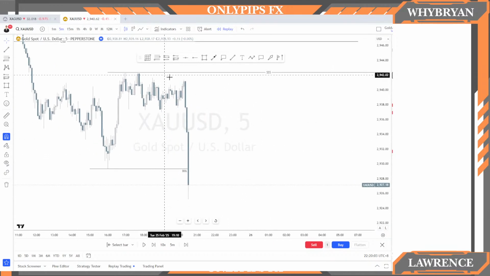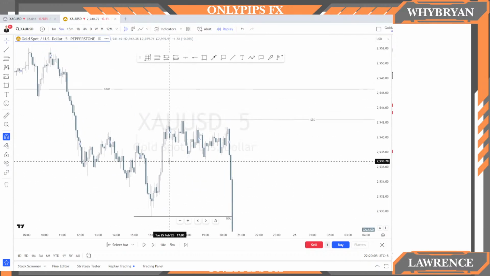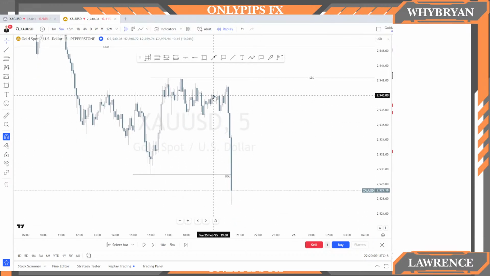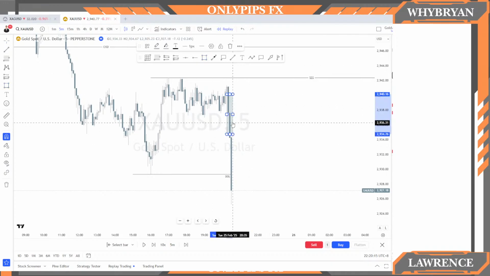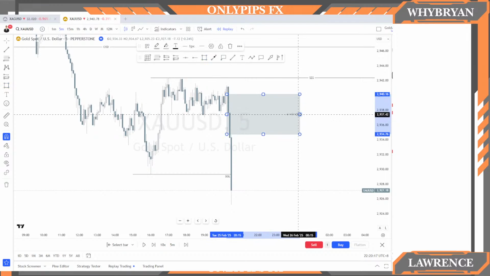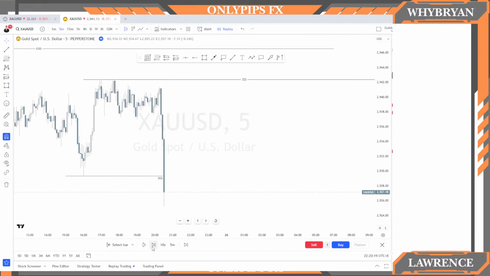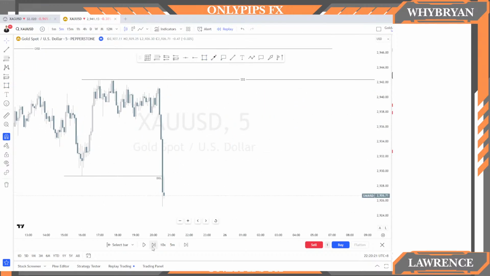Am I right? But what do we see here? We have an accumulation area right here. So this leg could be the manipulation if this whole leg is getting disrespected. Okay, but let's see the second candle.